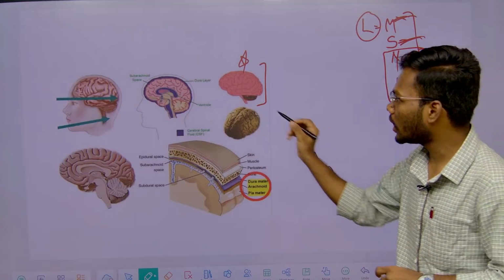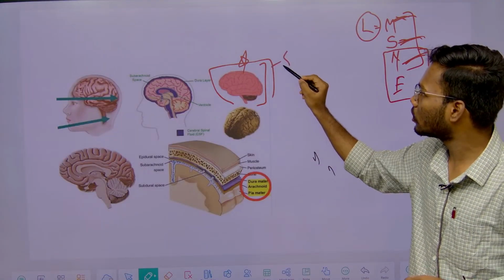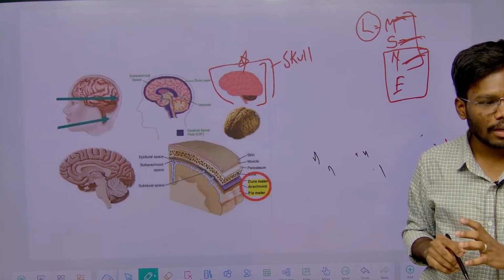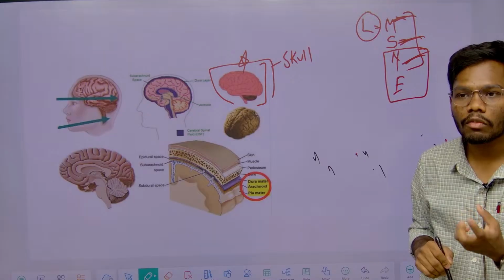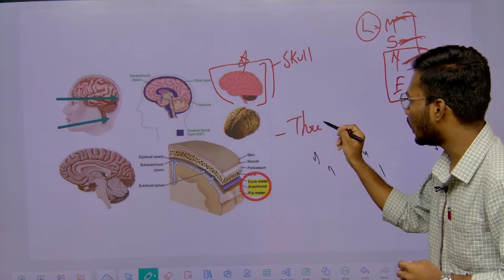It is protected by the cranial cavity, and the bone is called the skull, right? This brain is covered by three layers. What are they? Three layers.